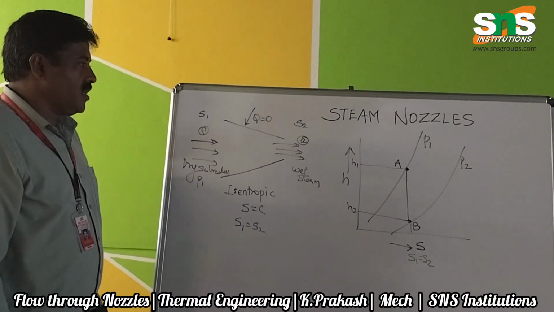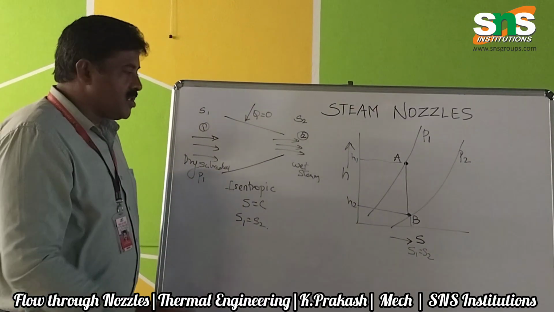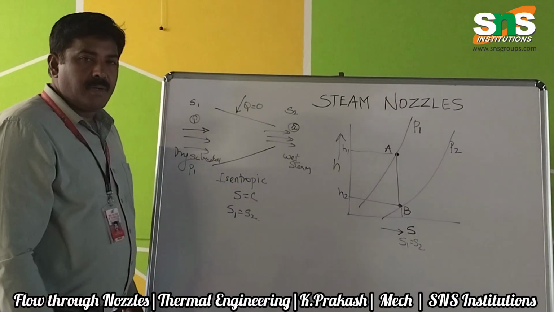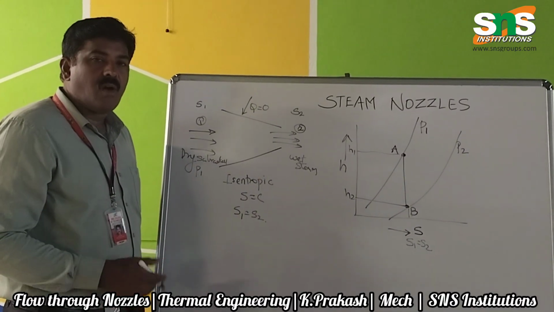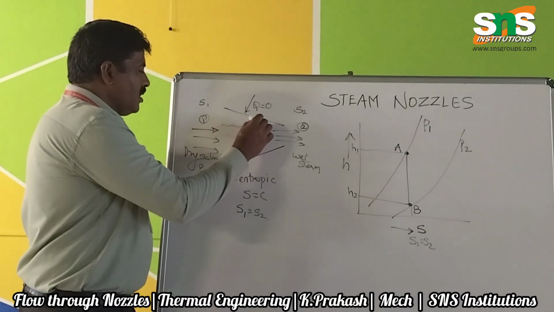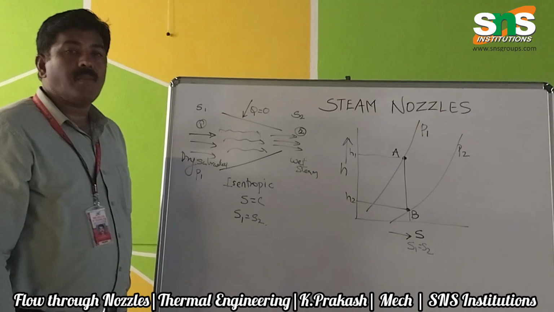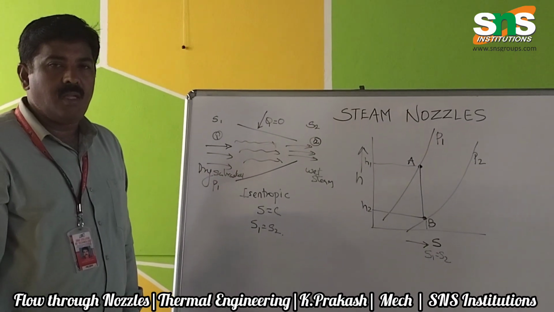But in real cases, when steam flows through the steam nozzles, will the process be isentropic or not? In real time, when the steam is flowing inside, the process will not be isentropic.